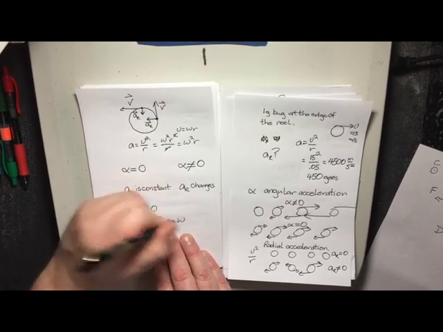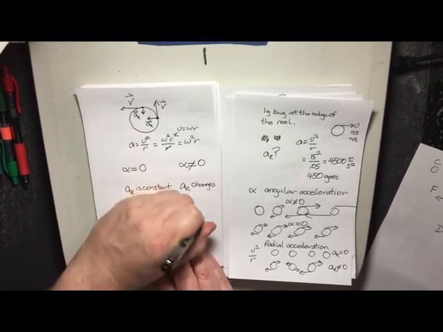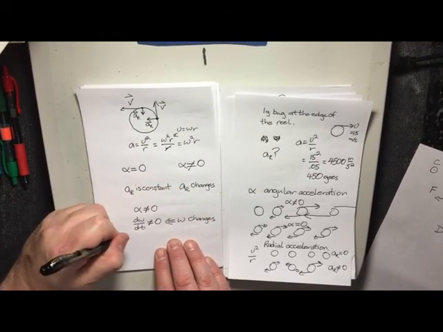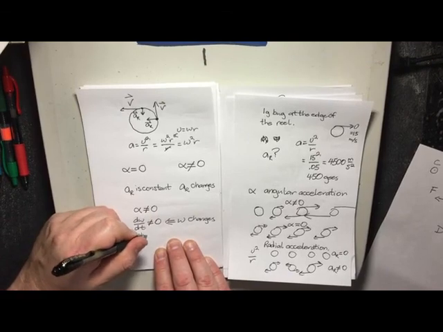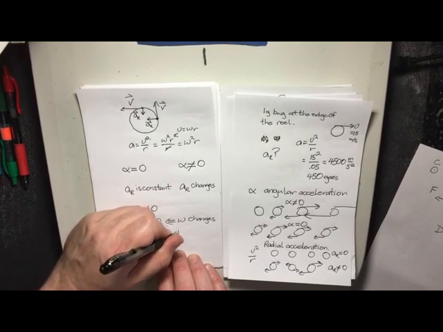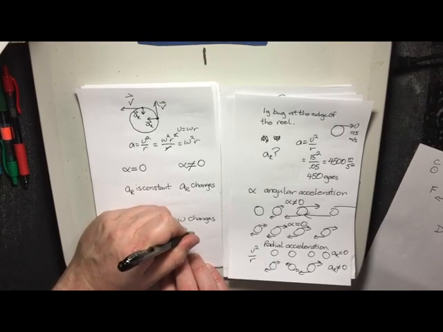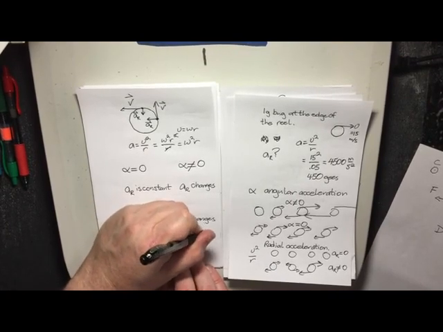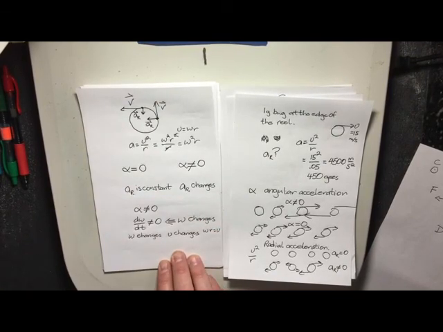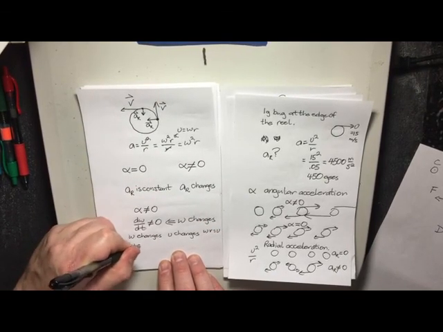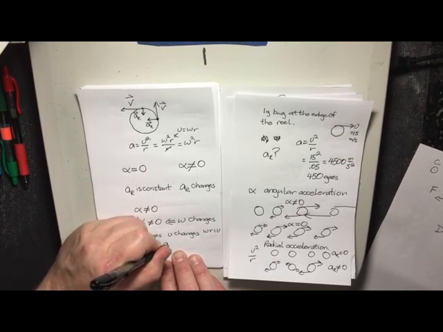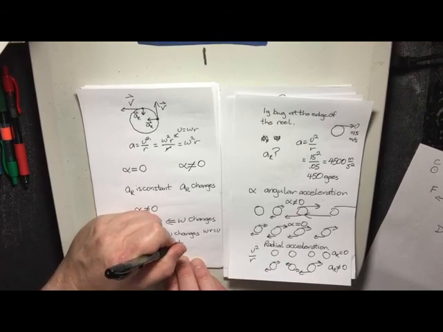This means omega changes. If omega changes, then V changes. Omega R is equaling V. And if V changes, AR changes.